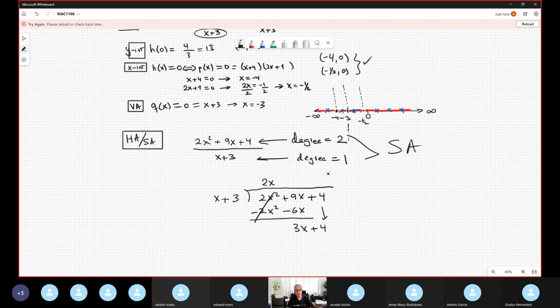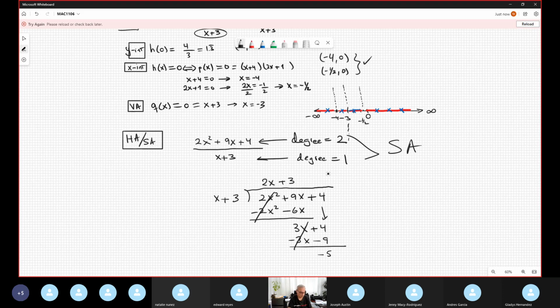I need to continue the division because we cannot stop here, since the remainder would have degree 1 and the divisor is degree 1. You stop when the remainder's degree is less than the divisor's. Then plus 3 again. Multiplication is 3x and 9, since 3 times 3 is 9. By subtracting, change the sign, cancel out that part, and we get negative 5.